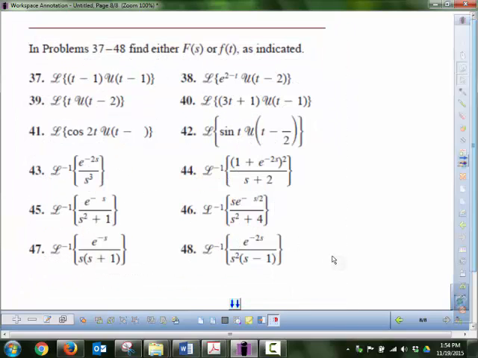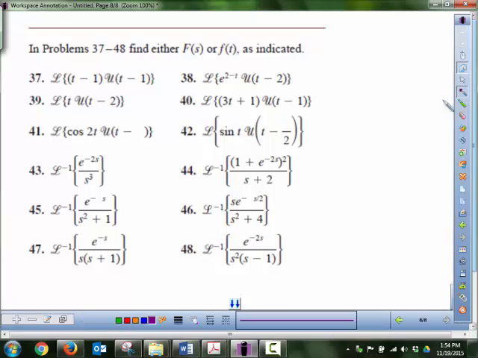All right, let's do a few of these. Let's do number 38. It's going to be important that you start getting used to being able to find these values here.